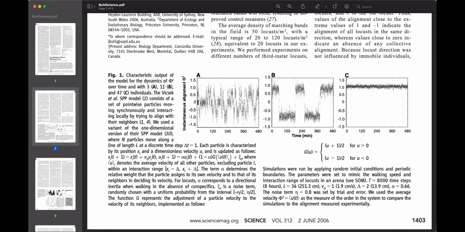So they take the Vicsek model and adapt it to somewhat realistic experimental settings, and they find that if you increase the density from low to intermediate to high, you see the instantaneous alignment. Alignment is basically the M that I mentioned.